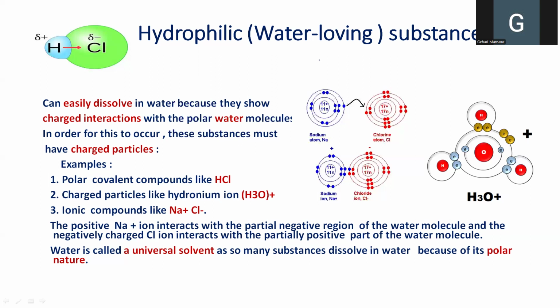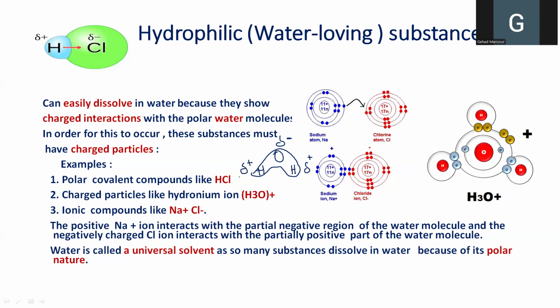How is this hydrophilic property related to the polar nature of water? Because water is polar, meaning that if we try to draw the molecule of water, we will say that we have an oxygen atom here that carries a partial negative charge and two hydrogen atoms that carry a partial positive charge.